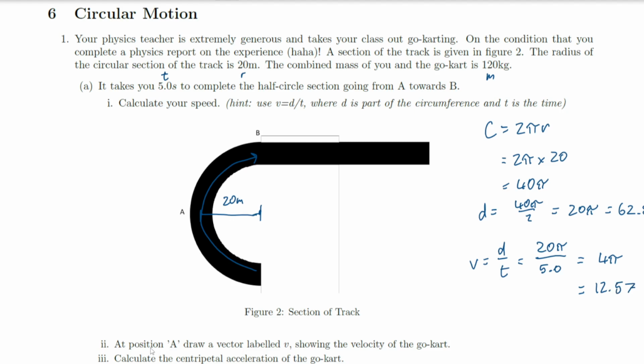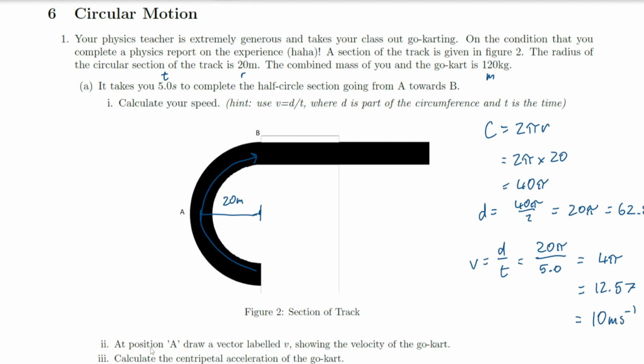However, we need to round sensibly, so looking at what we're given, the radius 20 meters only has one significant figure, so if we're being accurate here, we should round our answer to one significant figure as well. But do leave your unrounded answer available for further calculations.